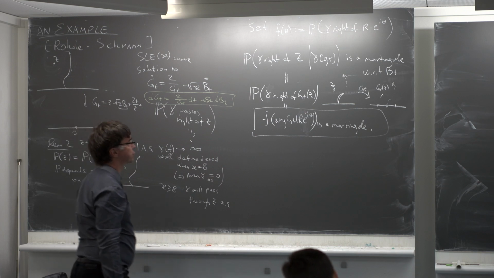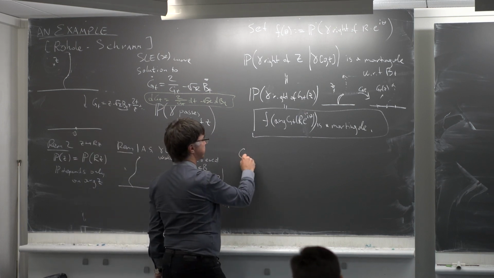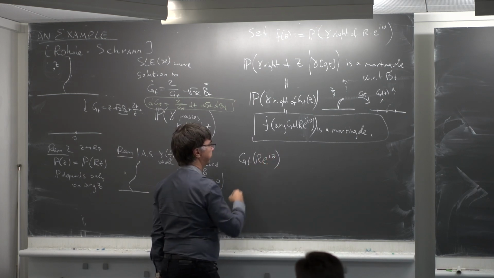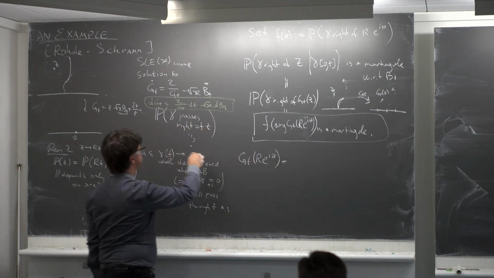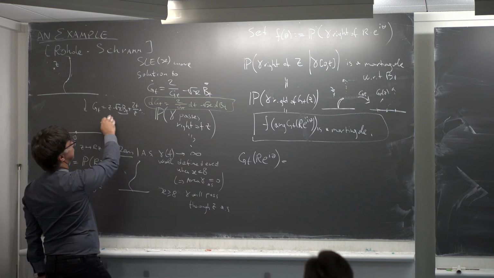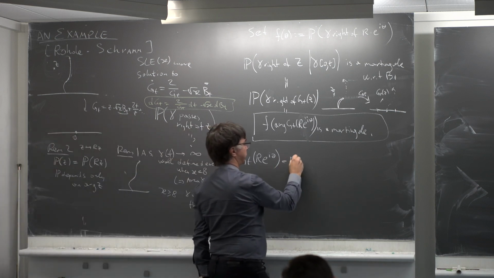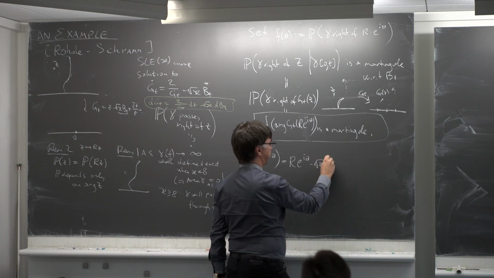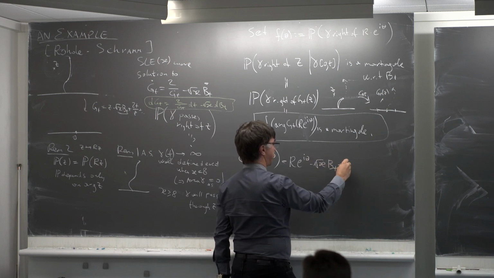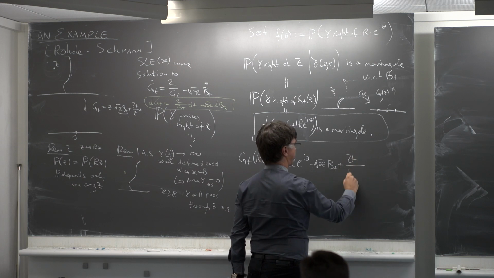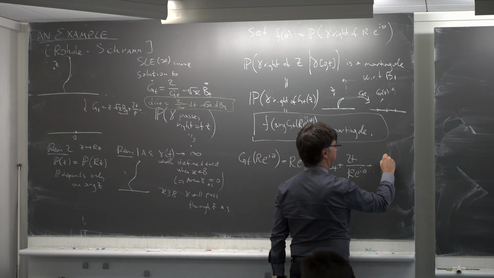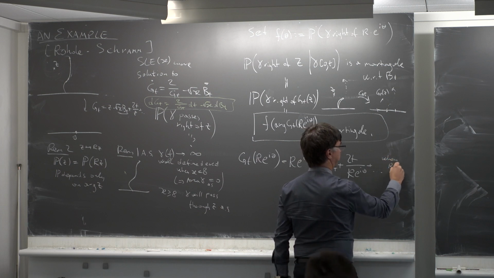So let's do some power series expansions. What is GT of R e to the power i theta? Well, there is this expansion written here: R e to the power i theta minus square root of kappa Brownian motion plus twice T over R e to the power i theta plus so on, when R goes to infinity.